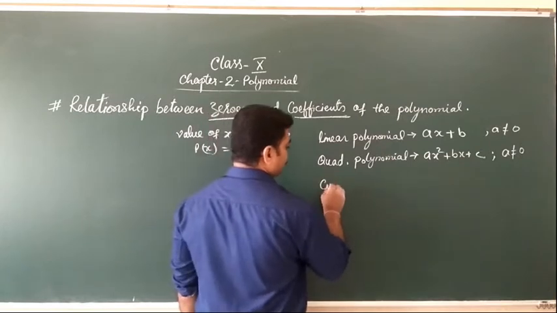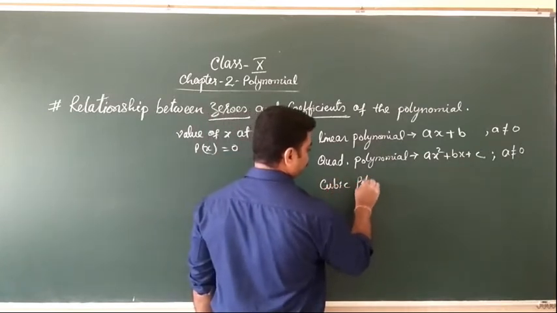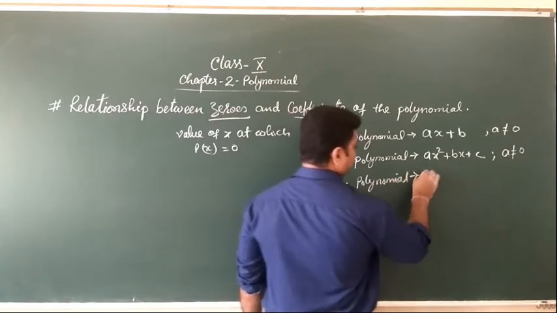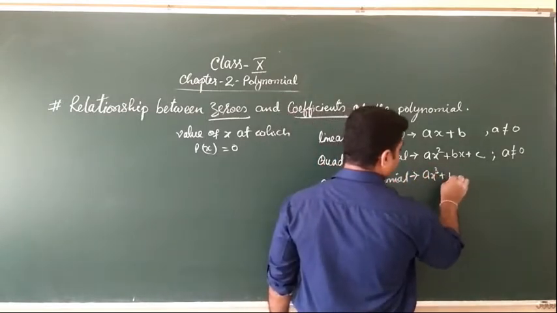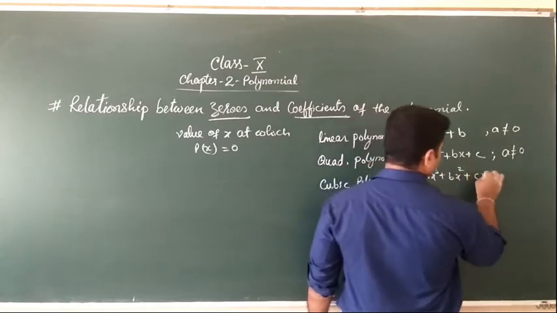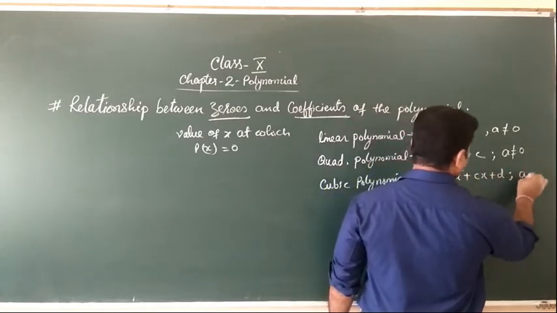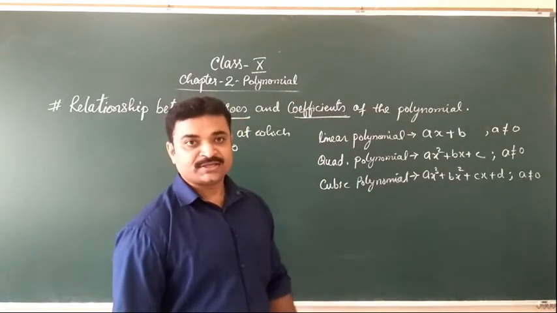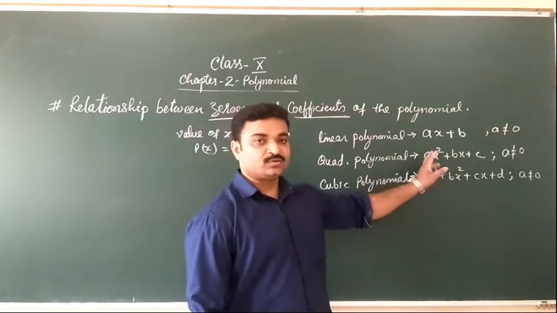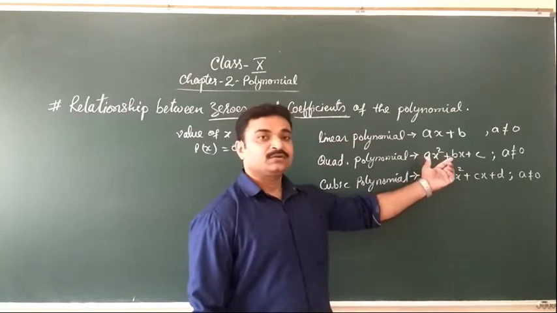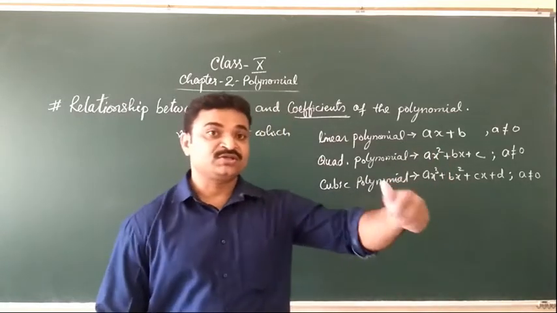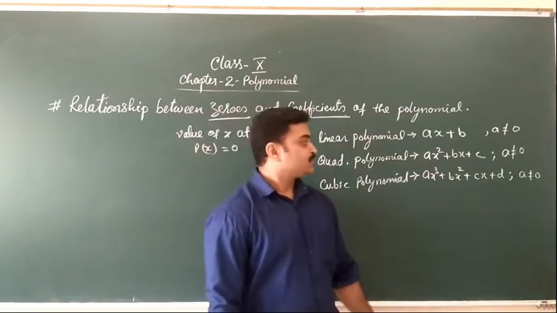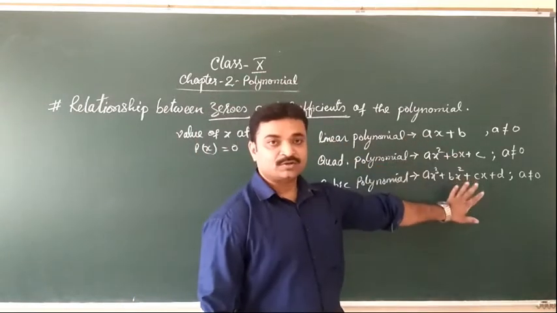And also a cubic polynomial is ax cube plus bx square plus cx plus d, where a is not equal to 0. Why am I writing a is not equal to 0 in each case? Because if a is equal to 0, then the term which decides the degree becomes 0. Therefore, a is not equal to 0.